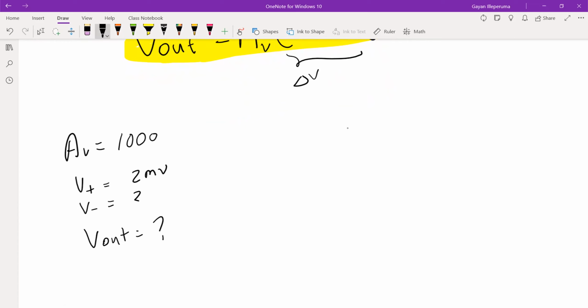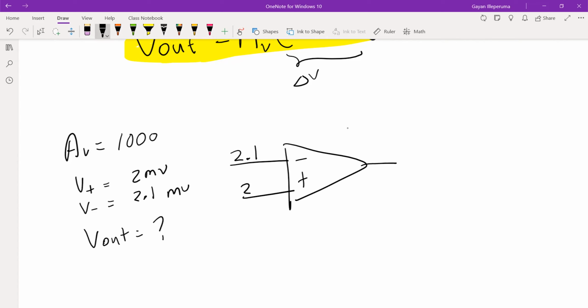Can you quickly calculate it? What will be the value?